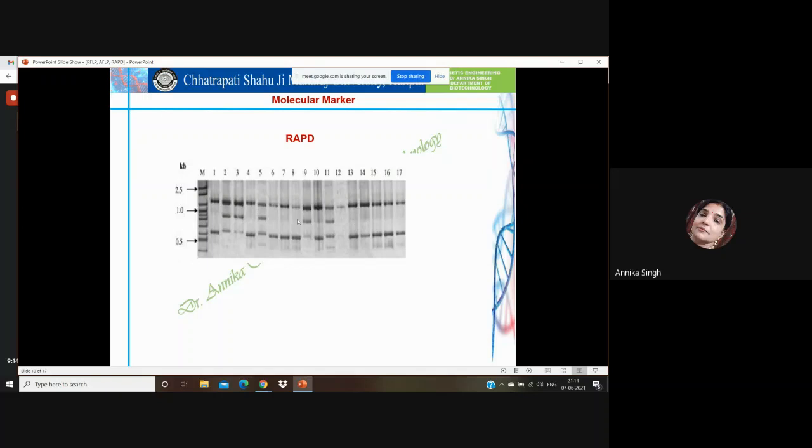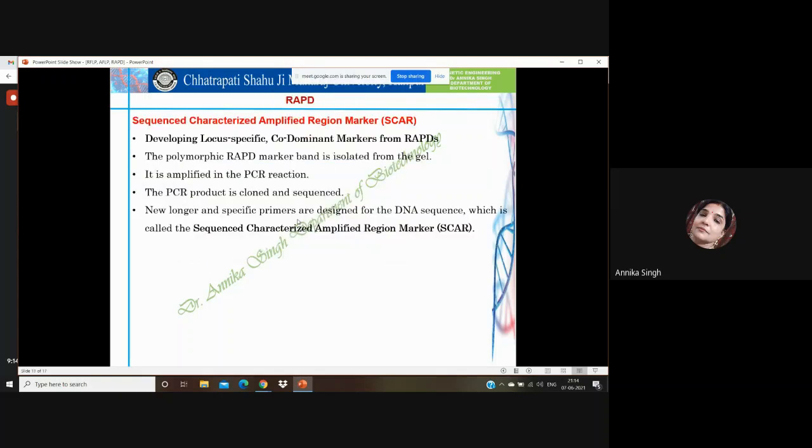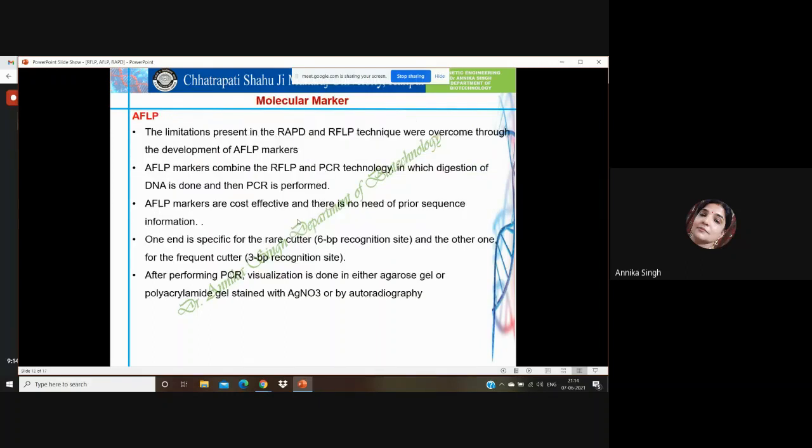So this is the RAPD, and not only producing the result of RAPD, it is important to interpret the result which is obtained from the RAPD. However, RAPD has some limitations. Actually, all RAPD markers are dominant.